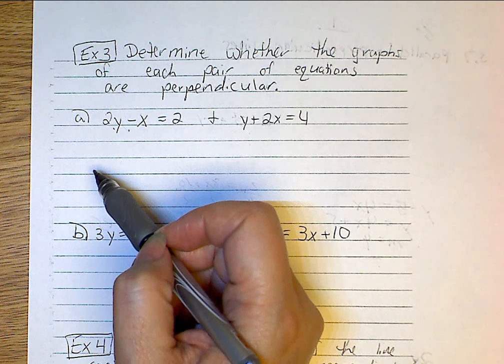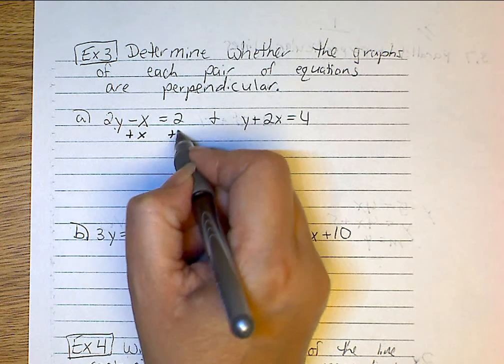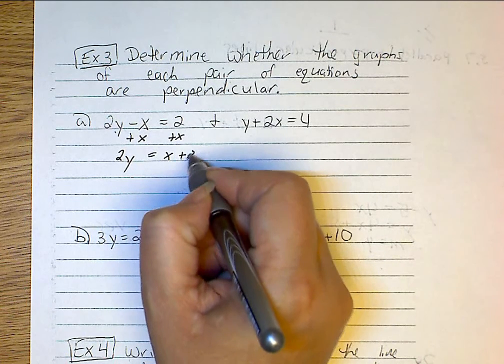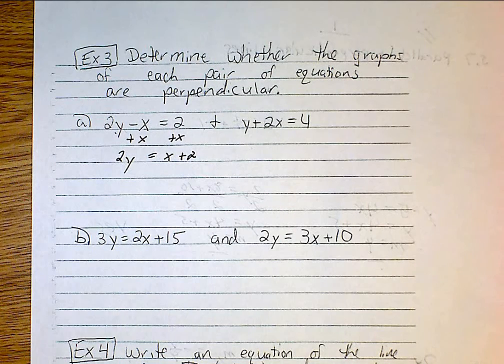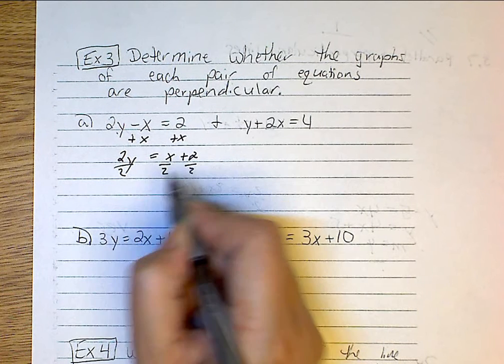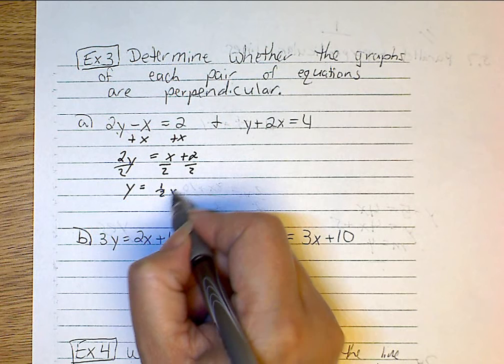So we're going to add x to both sides. We have 2y is equal to x plus 2. Riley, what are we going to do? Divide by 2. So I have y is equal to 1/2 x plus 1.